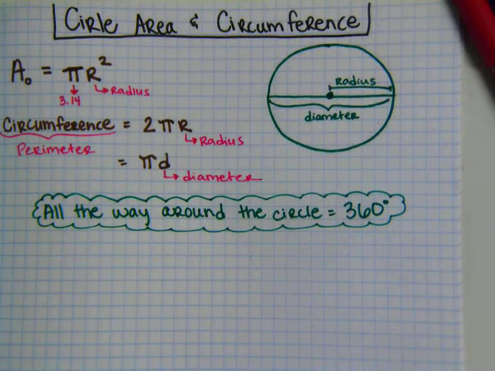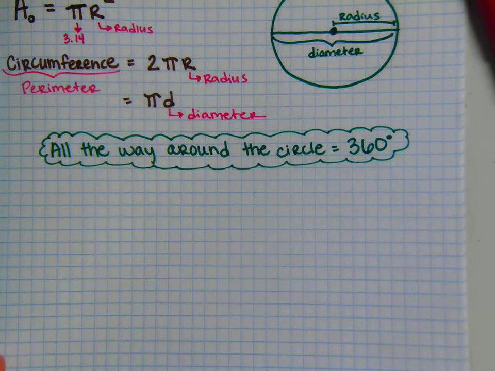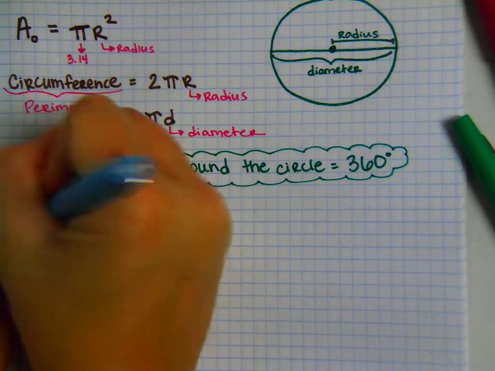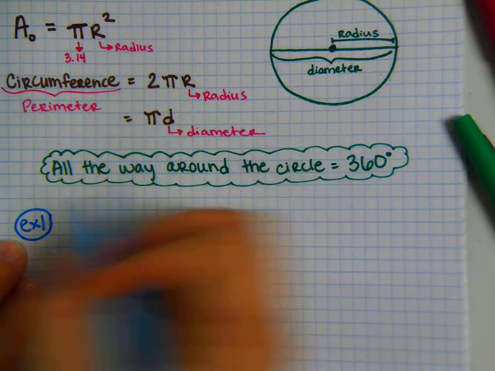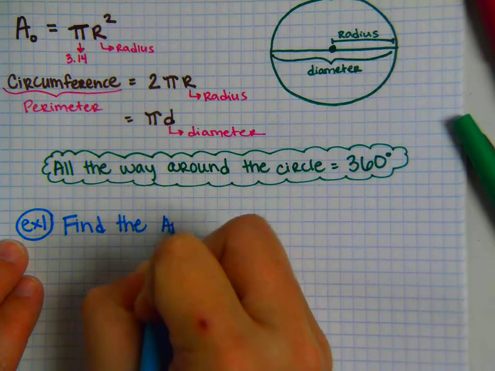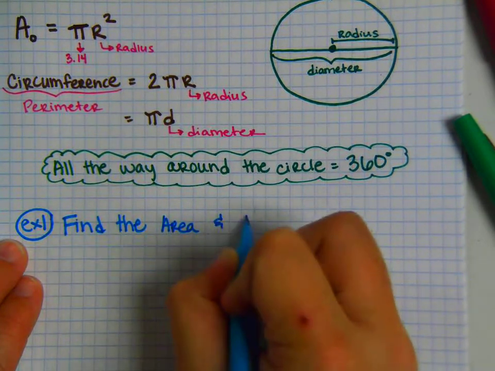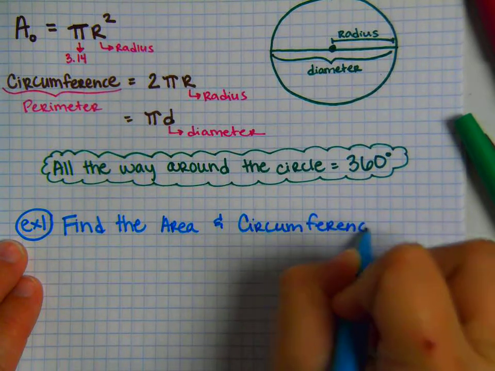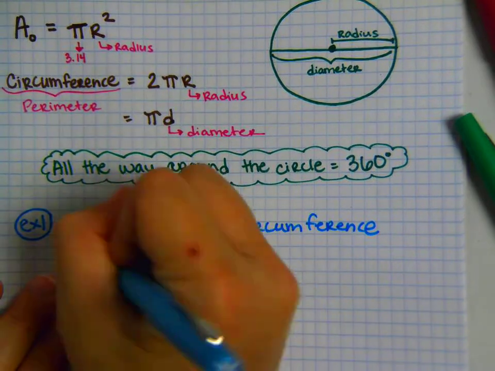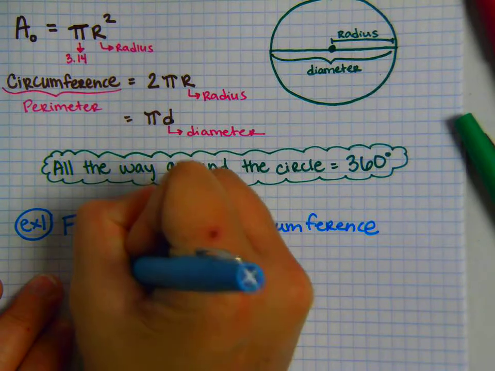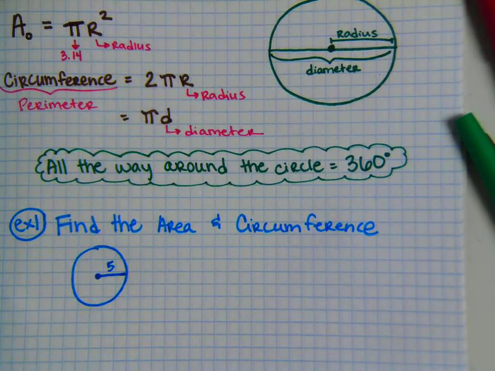So let's do a practice problem. We're going to find the area and the circumference of the given circle.